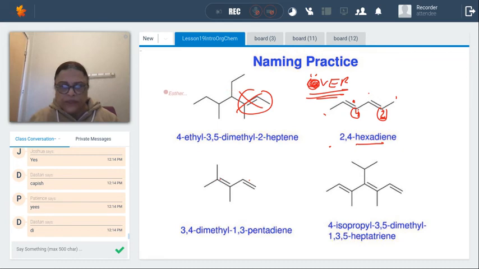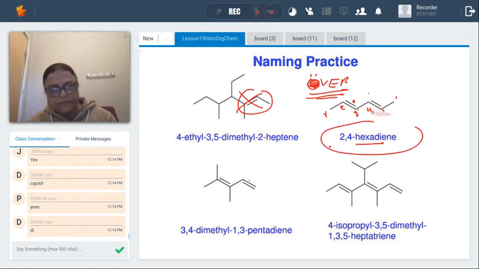And what happens if I count the other way around? 1, 2, 3, 4. So it doesn't matter. It is 2,4-hexadiene. So always the smallest number.